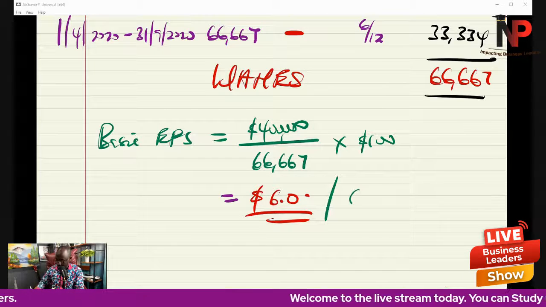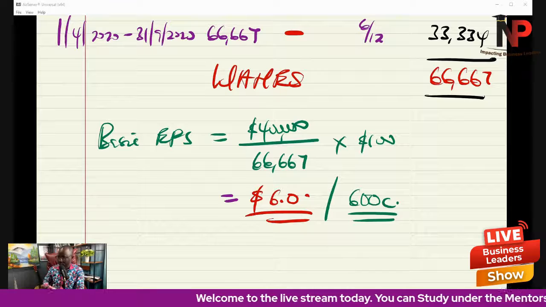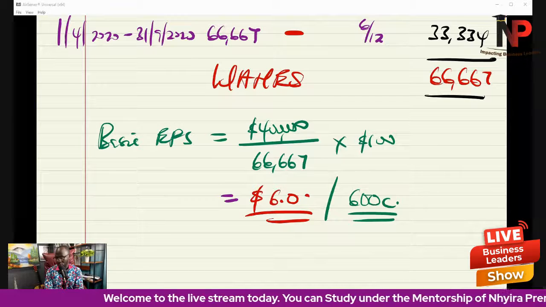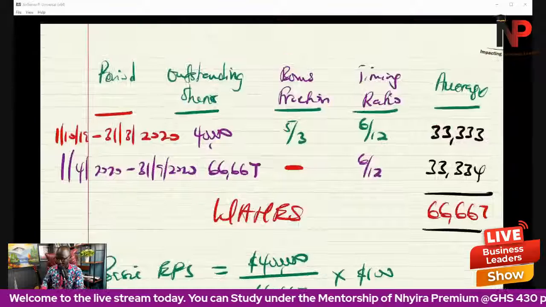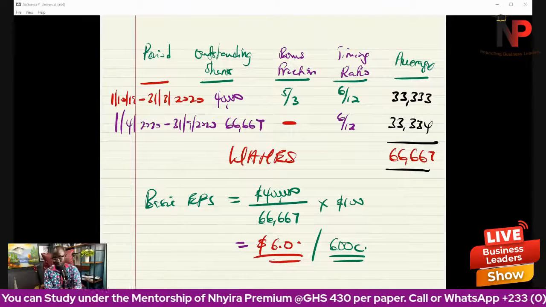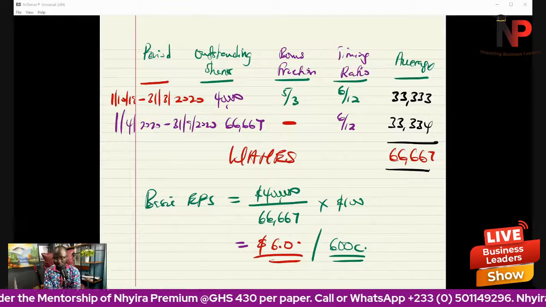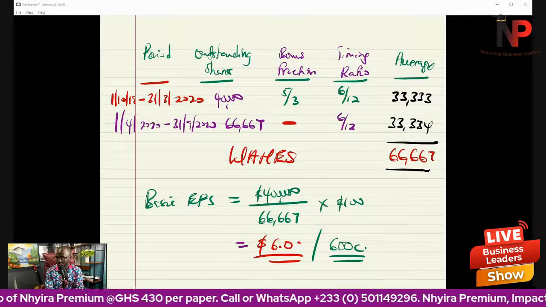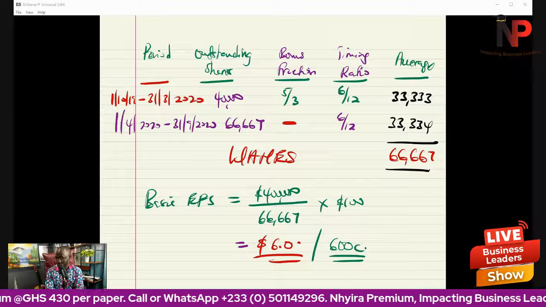Then it becomes 600 cents, in the smallest unit of the currency. That is how we deal with a bonus issue.